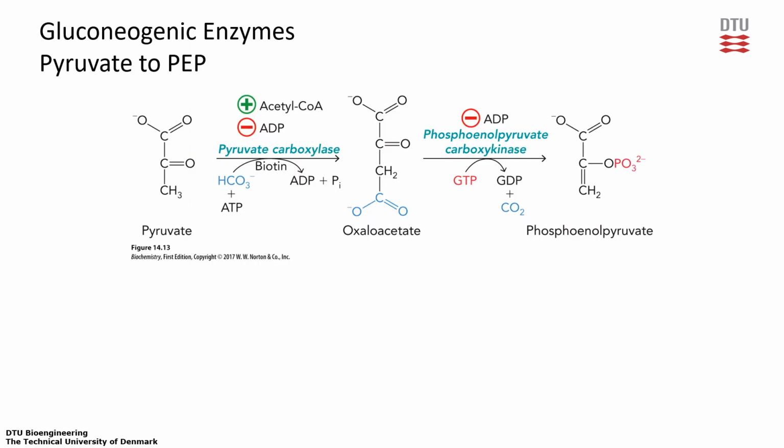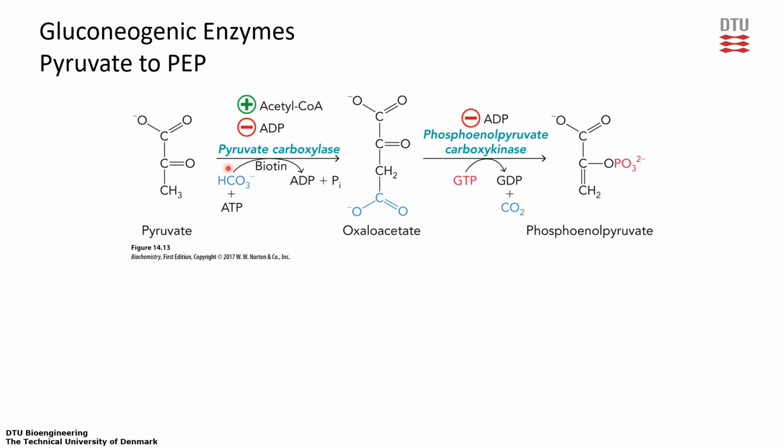So pyruvate to oxaloacetate is a carboxylase reaction that utilizes biotin as a prosthetic group in the enzyme to swing the pyruvate around.